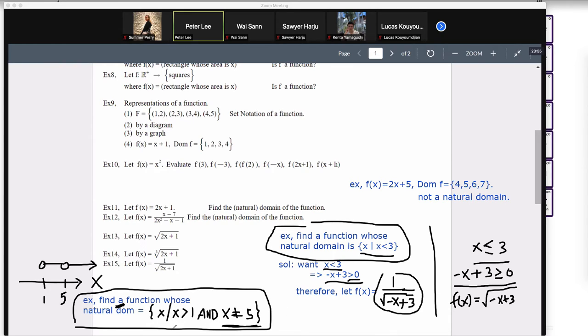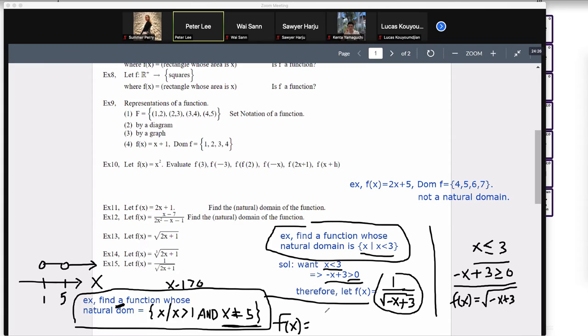Now how about this? This one is x minus 1 bigger than 0. This is very simple. Let me just give you one function which is an answer. f of x is equal to the square root of x minus 1. Here x is bigger than 1, it cannot be 1. Sorry, it should be x minus 1.